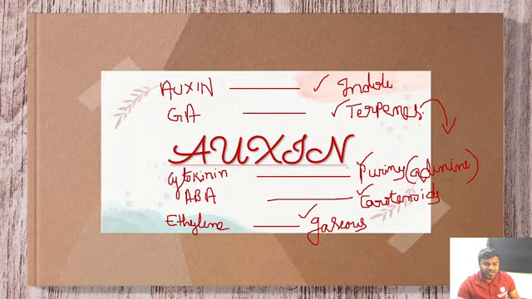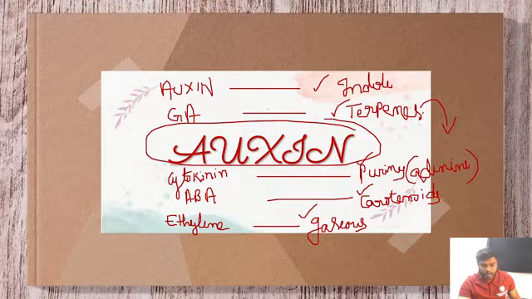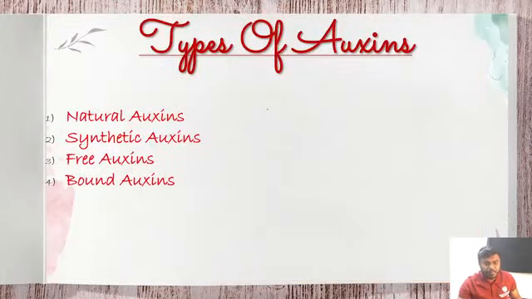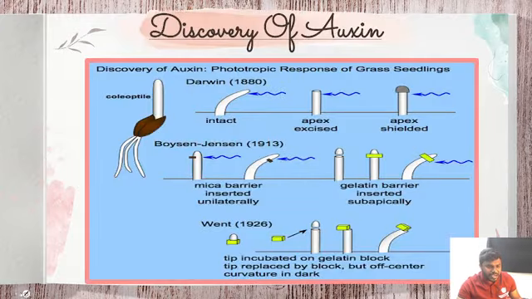So let's start with the first hormone, auxin. Friends, I will explain everything briefly. Just pay attention. The only thing I want you to focus on: before starting auxin, let's try to understand briefly the discovery of auxin.